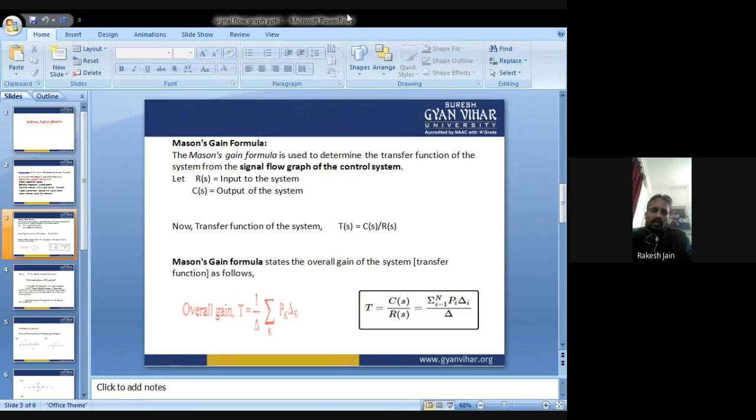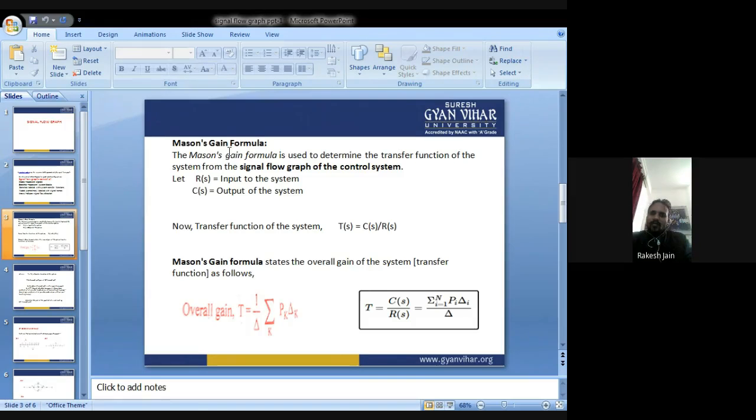In any signal flow graph given in our questions, the first step is to find out how many forward paths there are. So we see the control system signal flow graph, and then we check from the starting point till the end point how many straight forward paths there are without repeating nodes and branches. That will be equal to k.